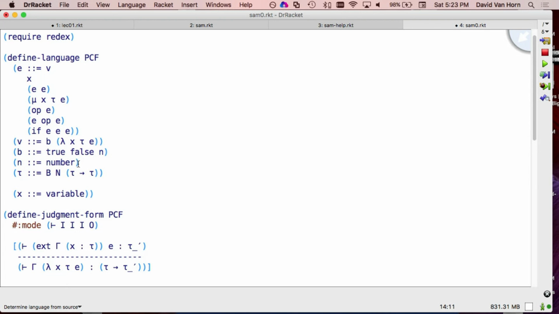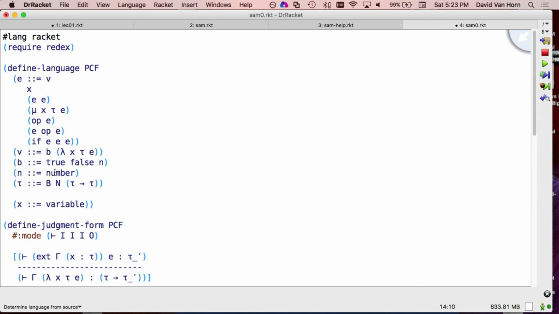Let me give it a moment to catch up here. So variable is something built in, and it just means any identifier, basically.